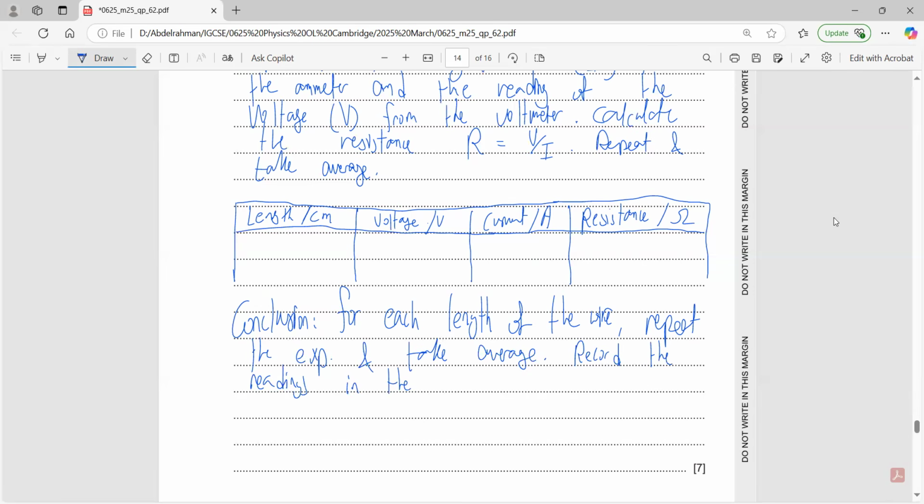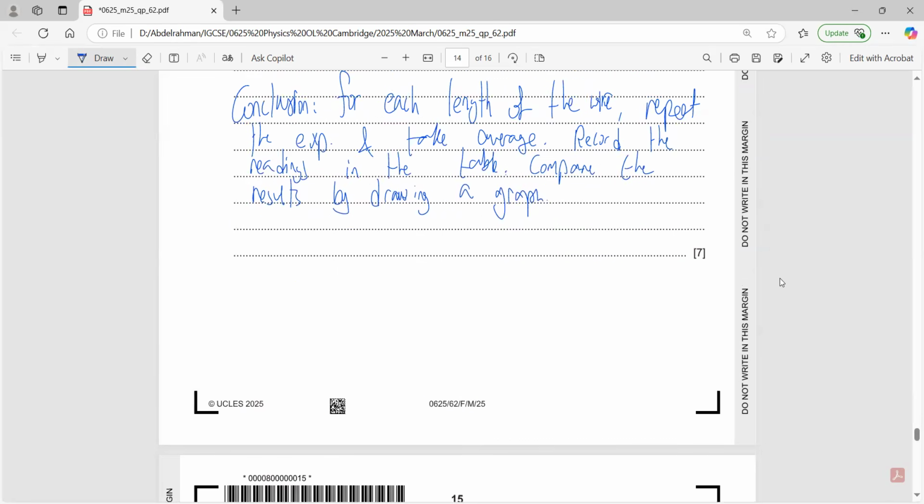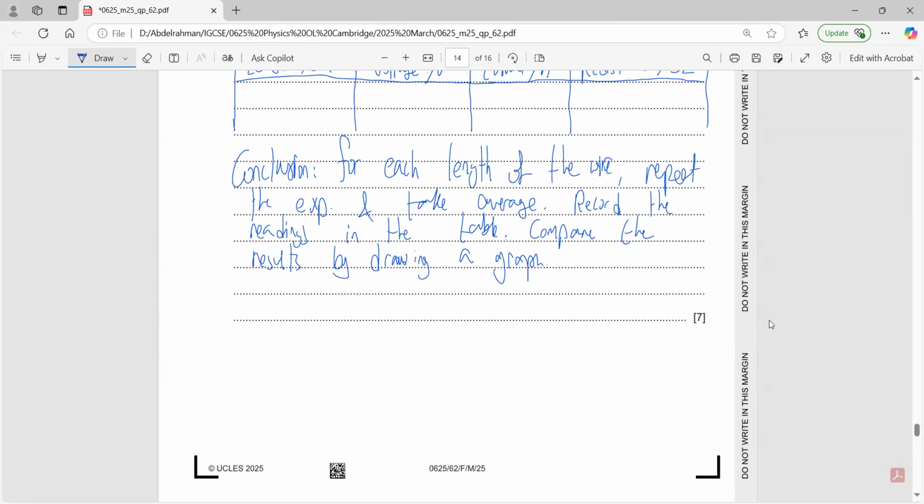And then all you need to say is to compare the results by drawing a graph. And that is it.